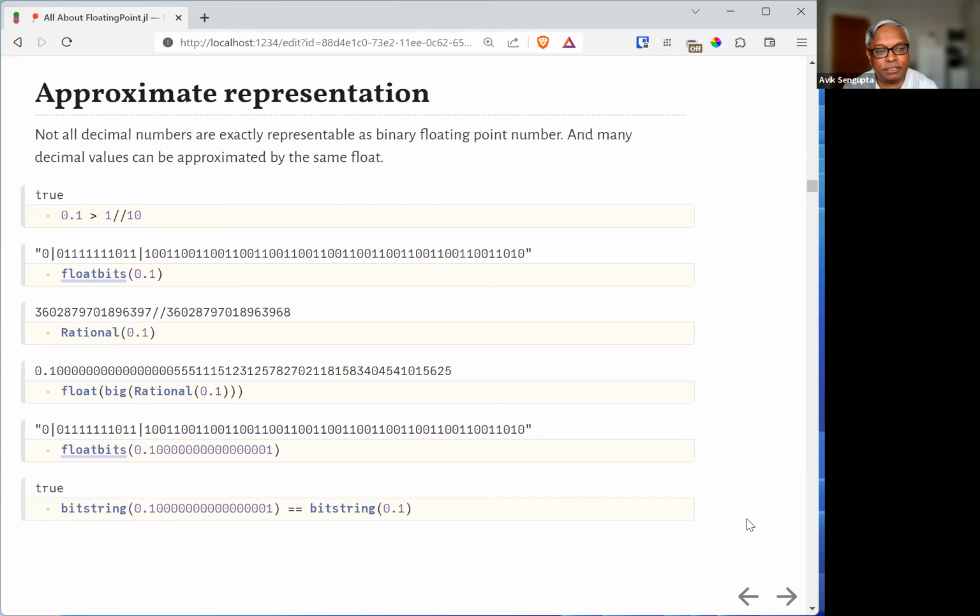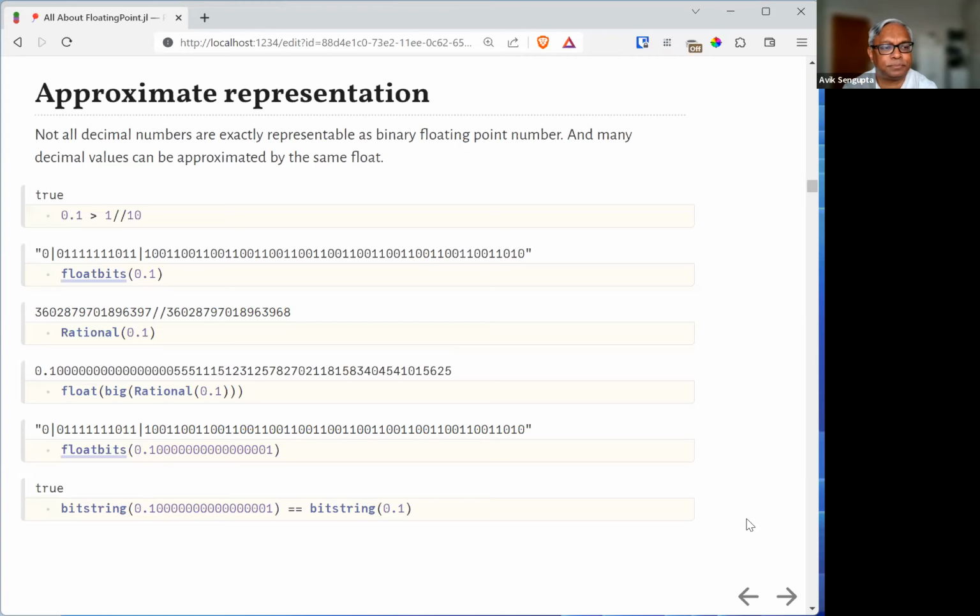If you convert the actual floating point number 0.1 to a rational, you will see it's not really 1 by 10. It's this big number starting with 36 divided by another big number starting with 36. But you will see the last few digits are different, right? So it's almost a tenth, but not really.